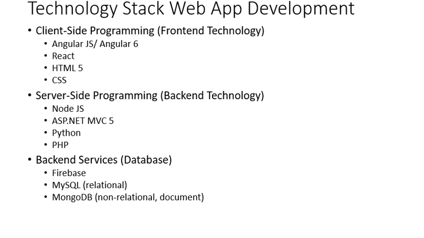Then we come to server-side programming languages, the backend part. We have Node.js, one of the most popular frameworks for building backend APIs. Then we have ASP.NET MVC, the .NET framework to build web applications, and nowadays .NET Core, one of the most popular frameworks to build web applications.